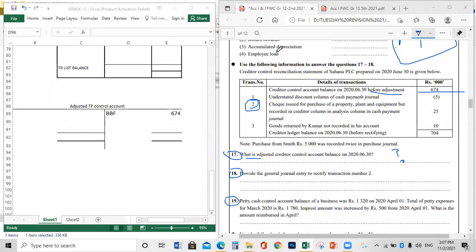What's the double entry for discount received? Trade payable is debited, discount received is credited. So will it affect only trade payable or discount received, or will it affect both ledgers?